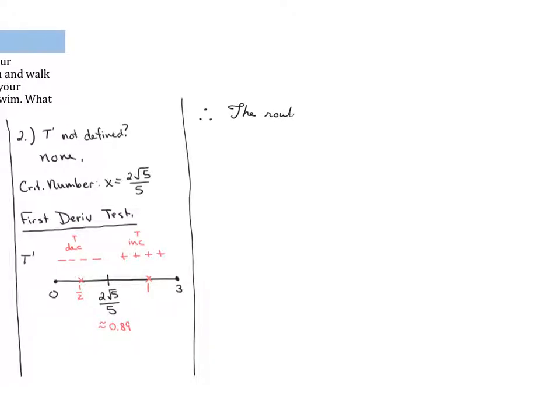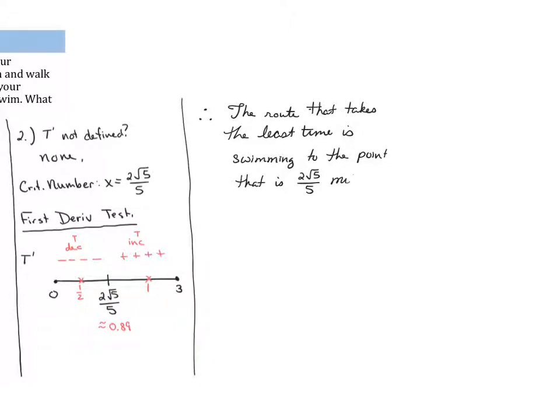The route that takes the least time is swimming to the point that is 2 square roots of 5 over 5 miles downstream.